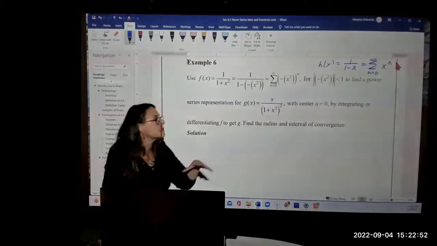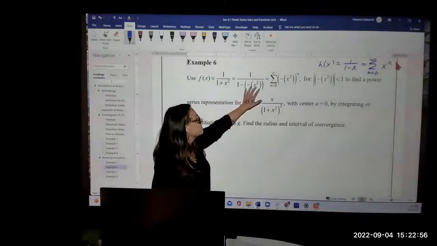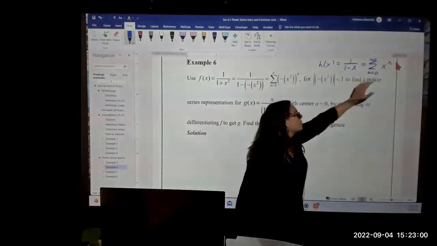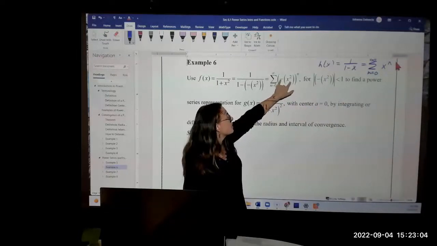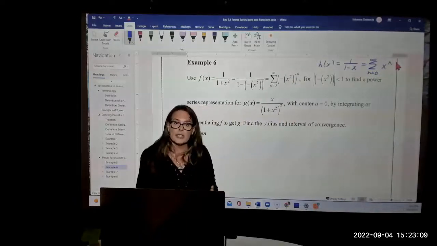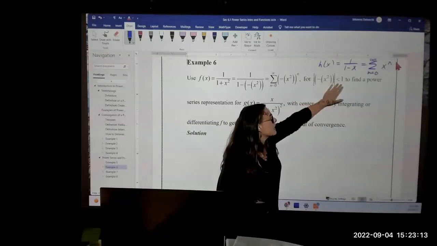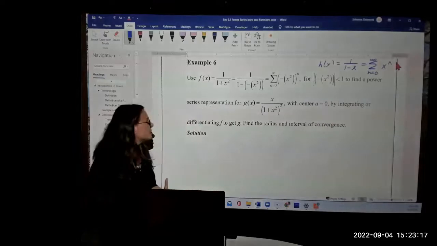So then I simply take what that variable expression is, which is negative x squared, and I replace the x in the power series form with that representation. So I have negative x squared to the n. Now I know it will converge under the same conditions, which is basically that that base is less than 1. And this will give me a power series representation for it.